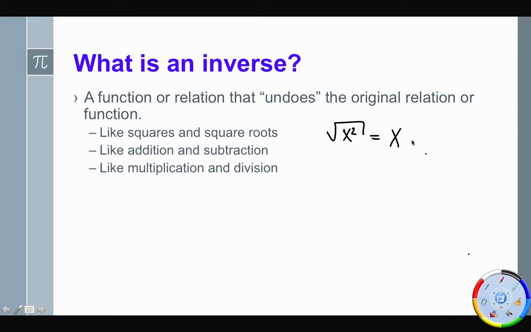So the square root will undo a square, just like a square will undo the square root. They're inverses of each other. We know addition undoes subtraction, or subtraction undoes addition. Multiplication undoes division. So these are kind of like our inverse operations.